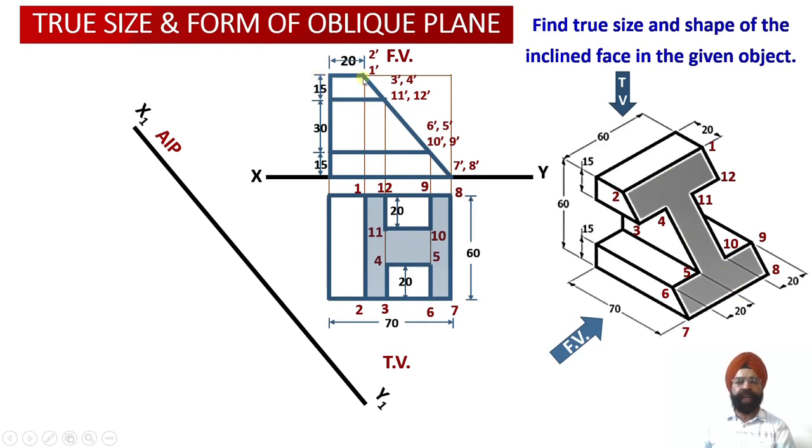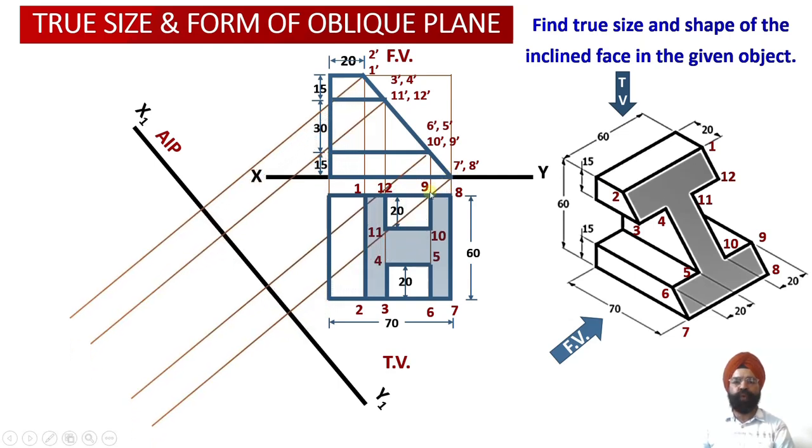Now, having obtained this edge view of the inclined cut surface section, this AIP has been drawn parallel to this edge view. From these 12 points, which are located as 4 points in this edge view, we are going to draw 4 projector lines perpendicular to the auxiliary inclined plane X1 Y1.